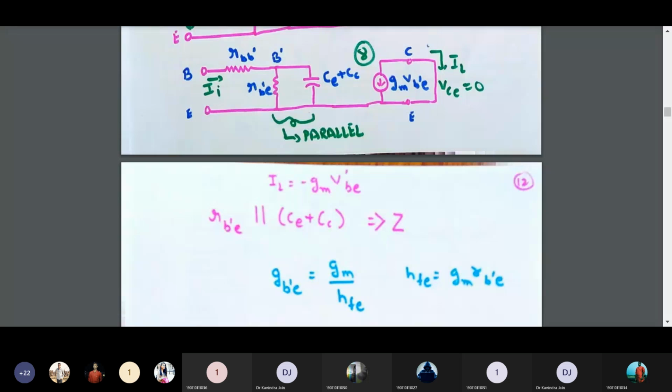We know that HFE is equal to GM into RB dash E, and 1 upon RB dash E is nothing but GB dash E. So GB dash E is equal to GM upon HFE.